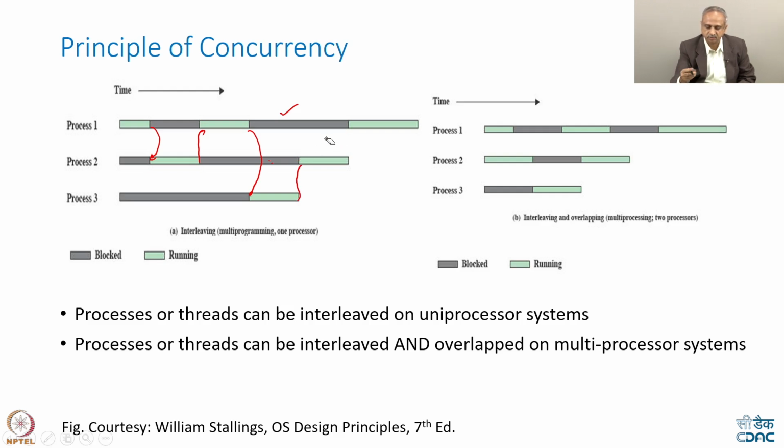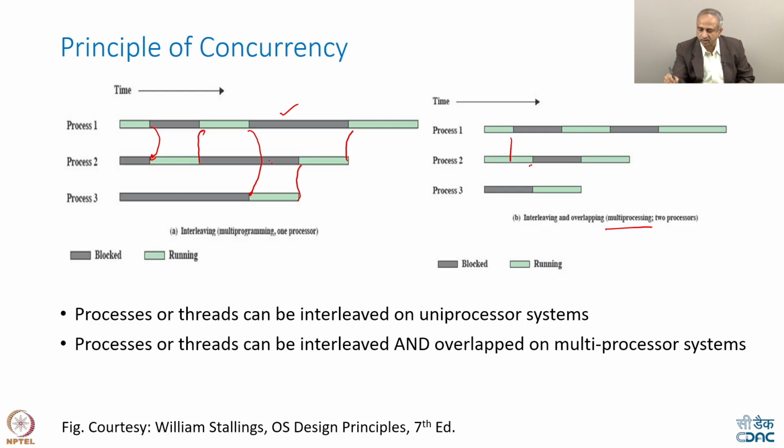Sorry, it should have been from here: when process 2 ends, process 3 starts. In this way, the interleaving happens on one processor such that only one process is running at a time. However, if you look at a system which has multiple processors, while process 1 is running, at the same time process 2 is also running.